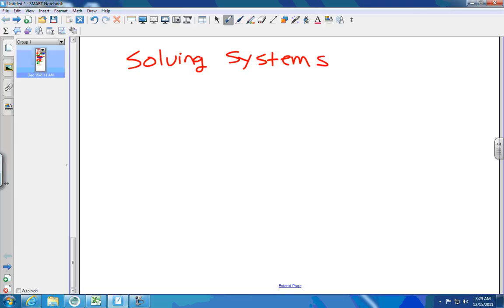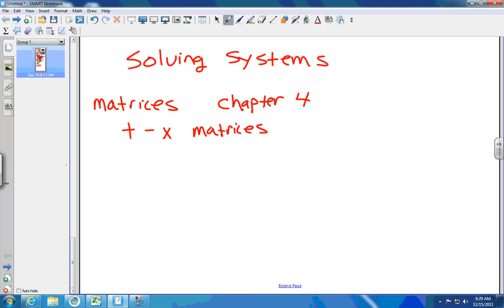And we go on then to matrices, which is chapter 4. What will you need to know how to do? You'll need to know how to add, subtract, and multiply matrices. Make sure you can do that.